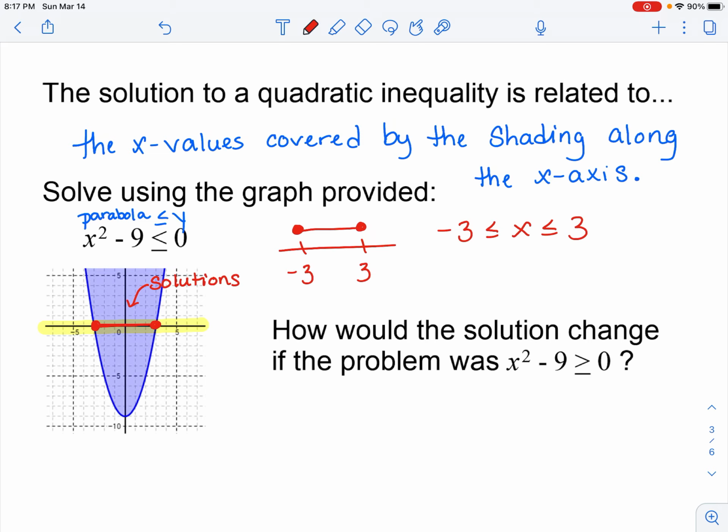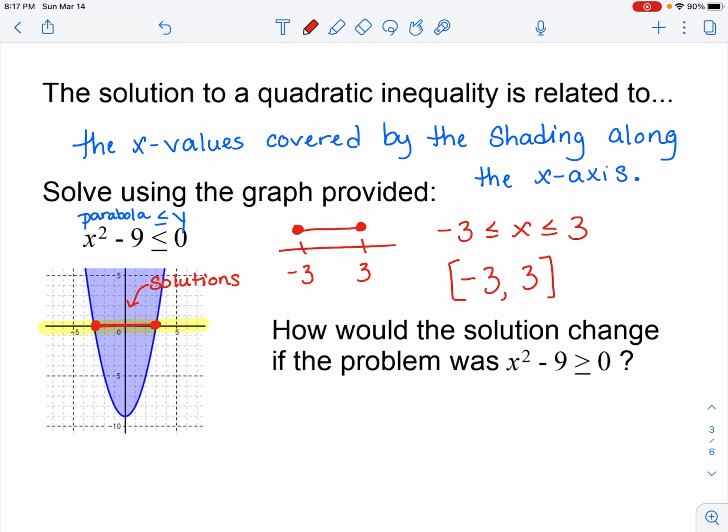As an interval, we're starting at -3 and ending at +3, inclusive of those two numbers because it was an equal to in the inequality, or a solid line on the graph, or closed circles on the number line. So that's the solution to x squared minus 9 is less than or equal to 0. Any number between -3 and +3 will work, inclusive of the -3 and +3.